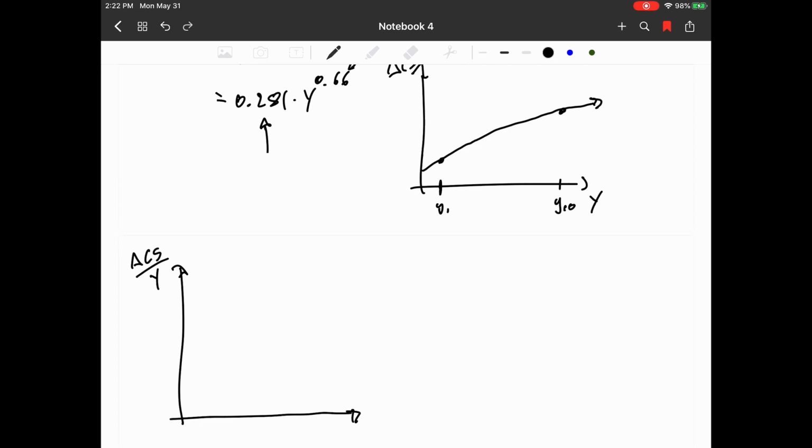So to do this, let's just construct our measure here. We'll take our change in consumer surplus and divide it by y. That's going to give us y, and we're just going to subtract 1 from our exponent, so we have negative 0.44.